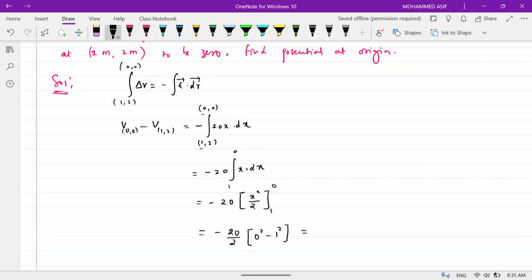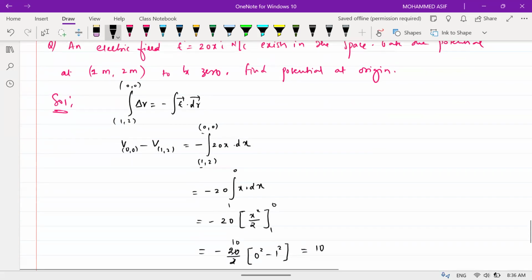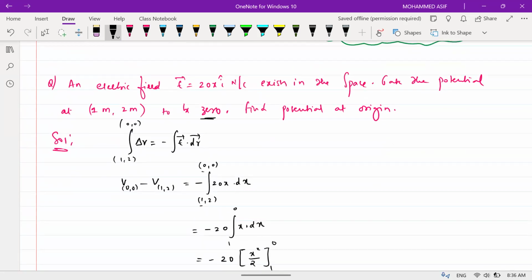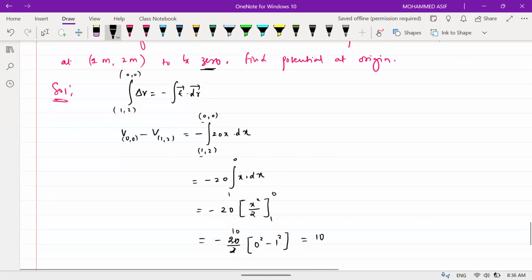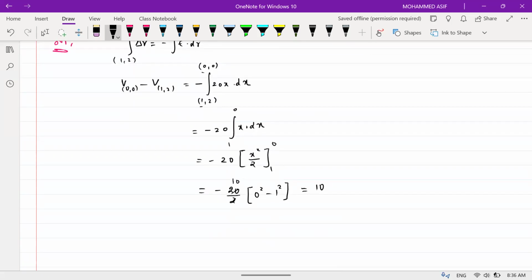Minus 20 by 2 is minus 10, times minus 1, minus minus plus, it will be equal to 10. Done. Potential at 1 comma 0 is taken as 0. That means V at origin minus V at (1,0) is 10, so potential at the origin, 0 comma 0, will be 10 volt. Am I clear?